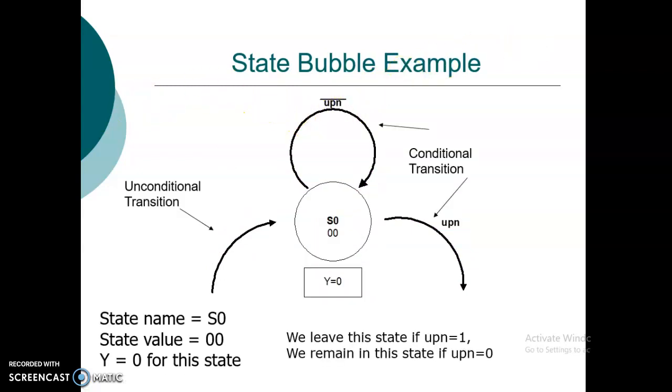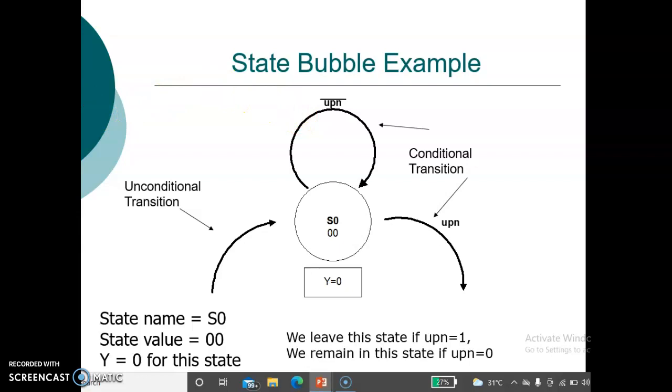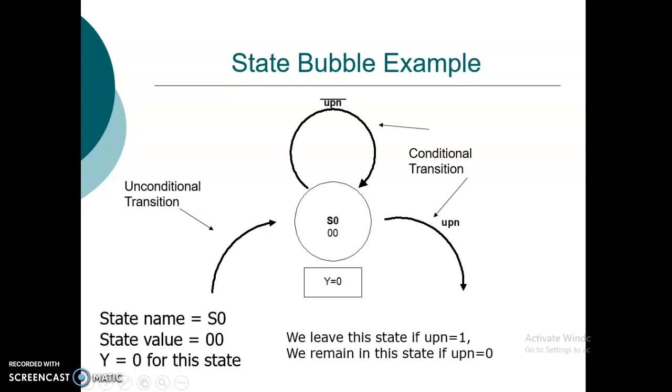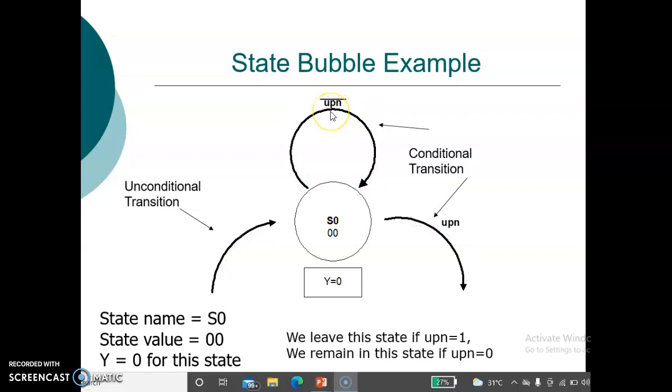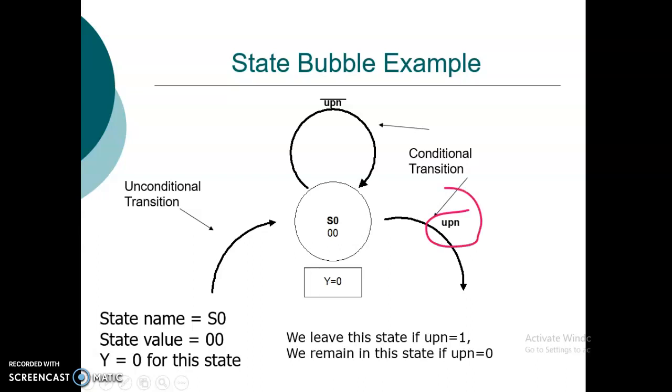State bubble example. Here itself is an unconditional transition, and a conditional transition. Here, for itself, no, that's right. But here going is a conditional transition, that's right, UPN. Here y equals output 0. State name S0. This is the state name. Yes, this state S0. This S0 is only the state name.